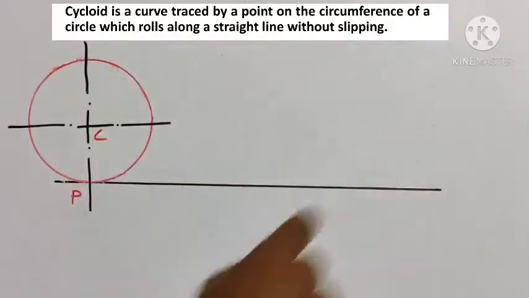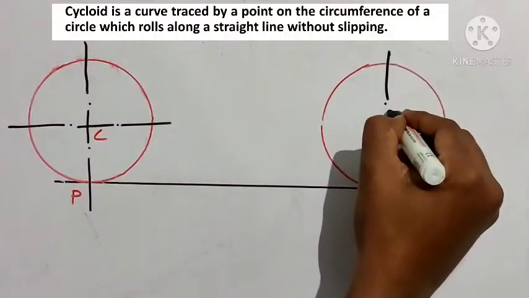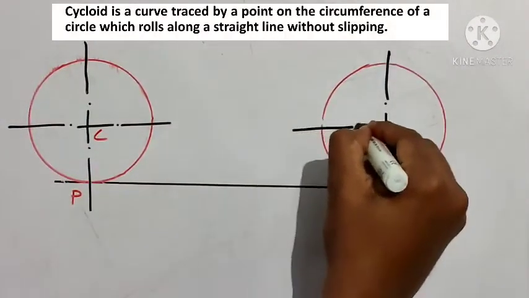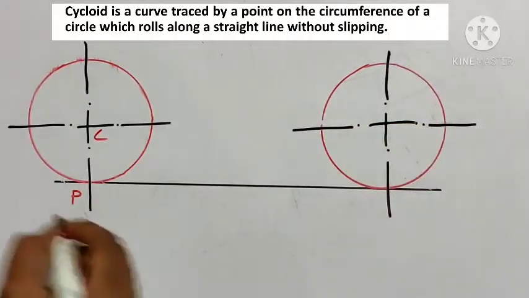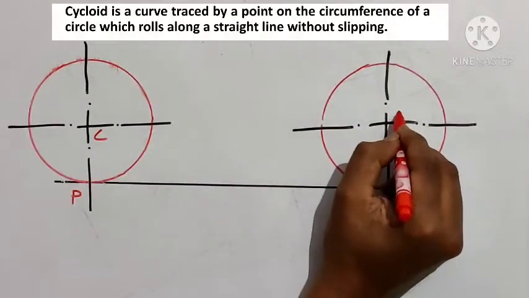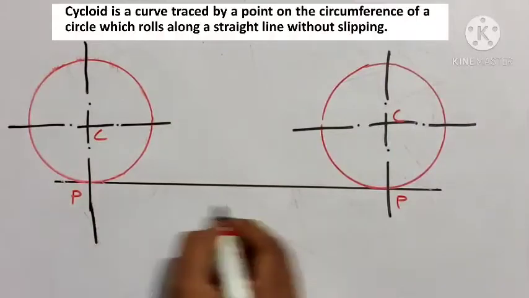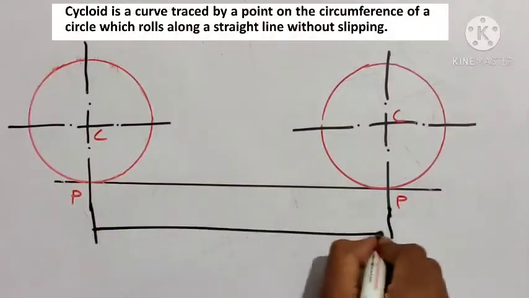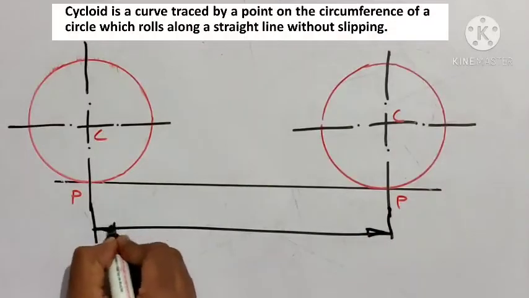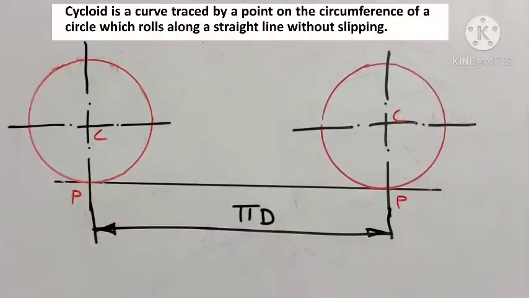After one complete revolution, the circle will reach here, and the point P will reach here, and the C will be here. The distance between these 2 points, as I told you before, is nothing but pi d, where d is the diameter of the generating circle.